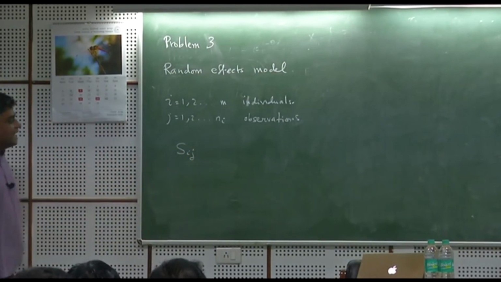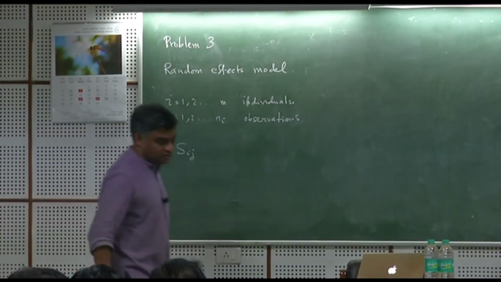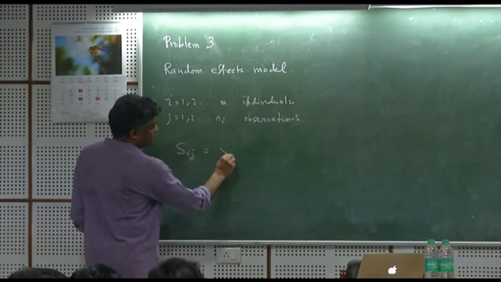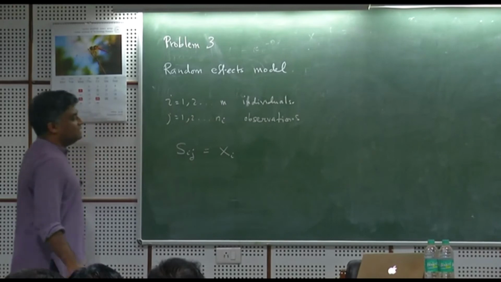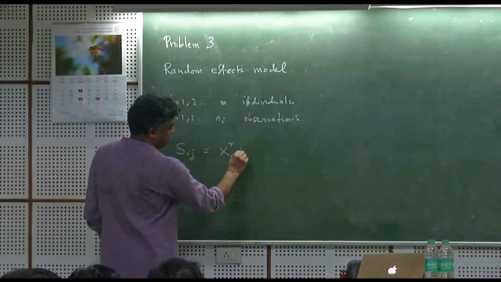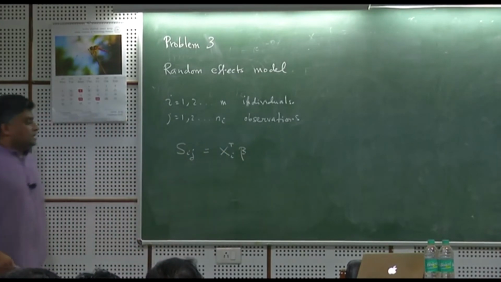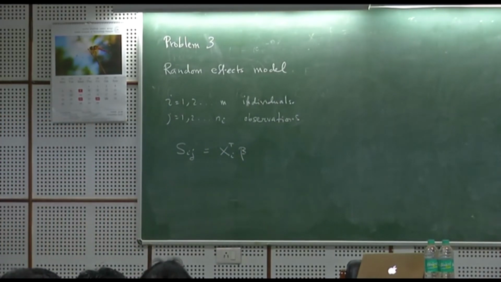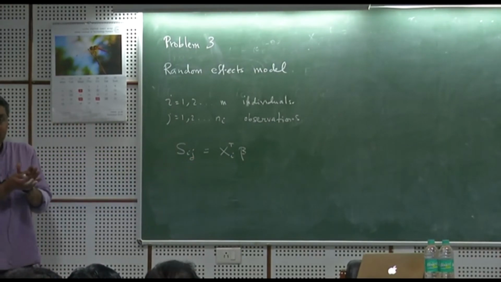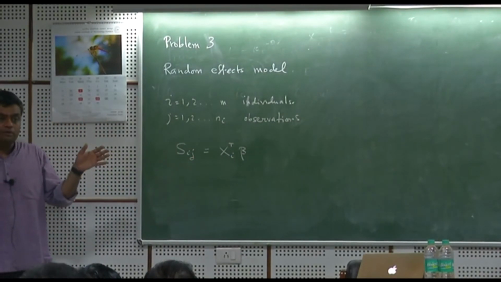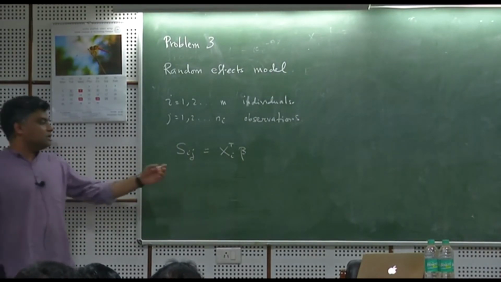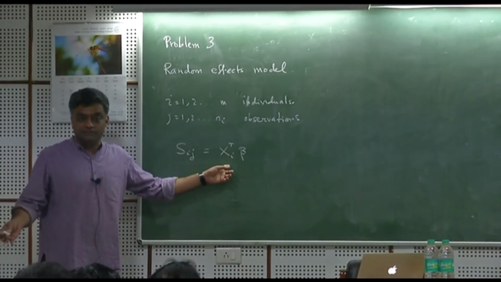meaning for the ith customer, the jth observation has the following thing. For that customer, I might have given them different conditions. So that's xi transpose beta, meaning their reaction to each of those conditions that I gave is independent of the customer. There's a beta parameter that goes across people, and they react similarly to each of the conditions, but the particular condition I gave them might be different.